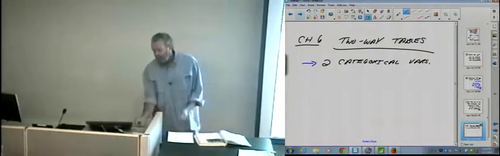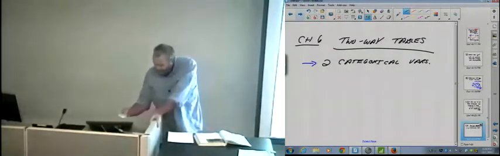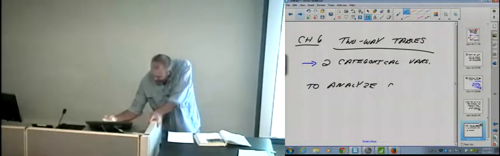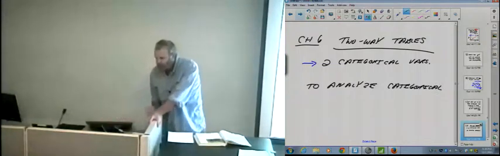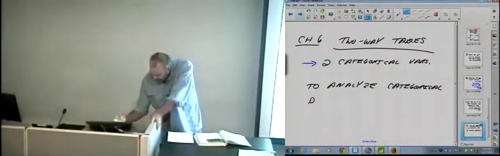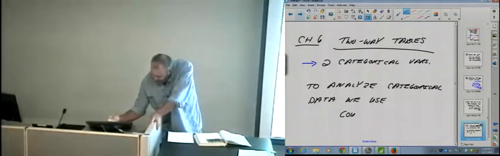All right? Now, when we're trying to analyze categorical data, I don't care if you're looking at one categorical variable or two of them, right? When you try to analyze categorical data, we use counts or percents.